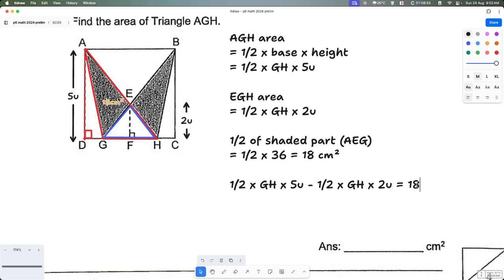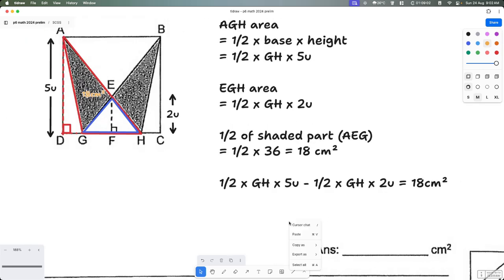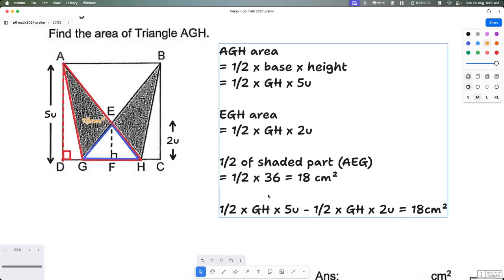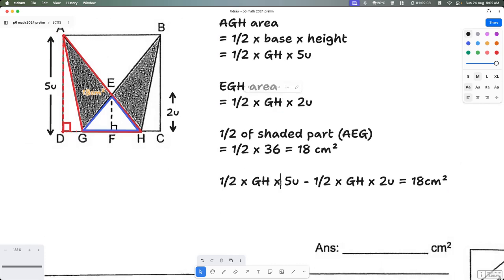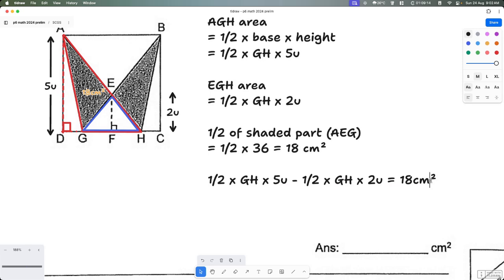Since we have GH here, we can kind of factor it out, it's another form of algebra. So half times 5 is 2.5 units times GH, minus 1 unit times GH, is equal to 18 centimeters square.